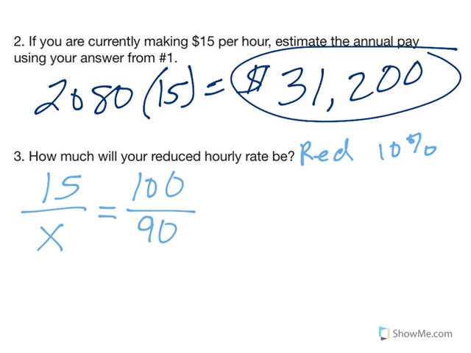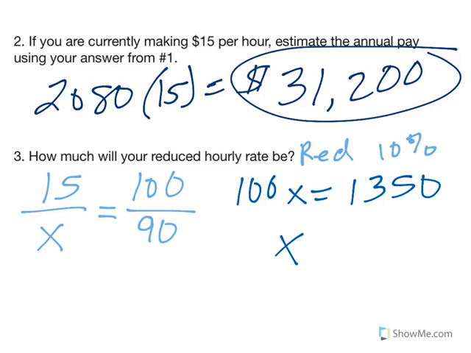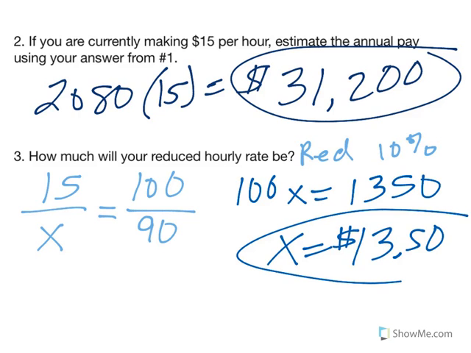So this is going to become a 90. That's the way we solved problems last week. So when I cross multiply, I get 100x equals 1,350. So when I divide both sides by 100, I am now going to make $13.50 per hour. All right, that's my new hourly rate with the pay cut.